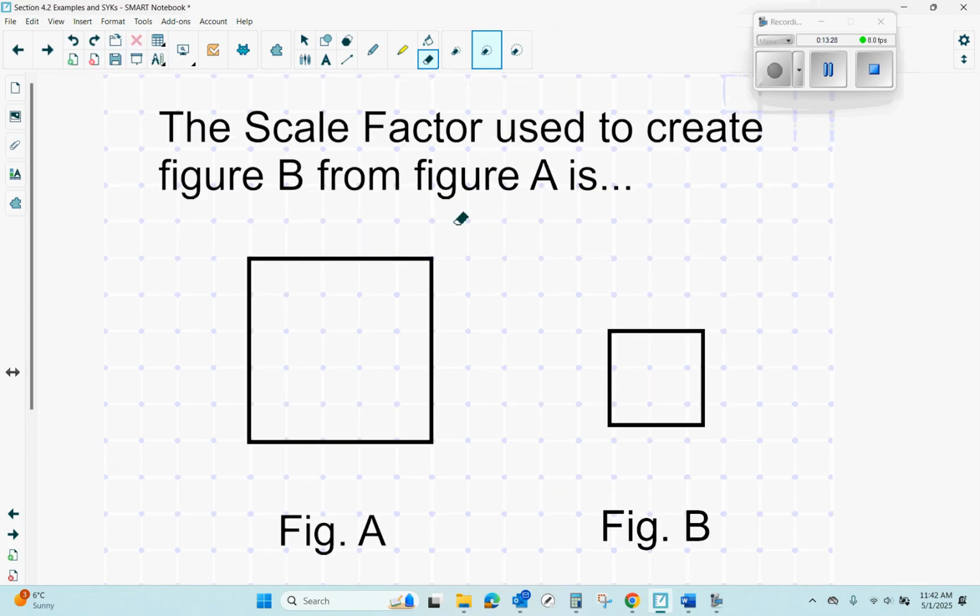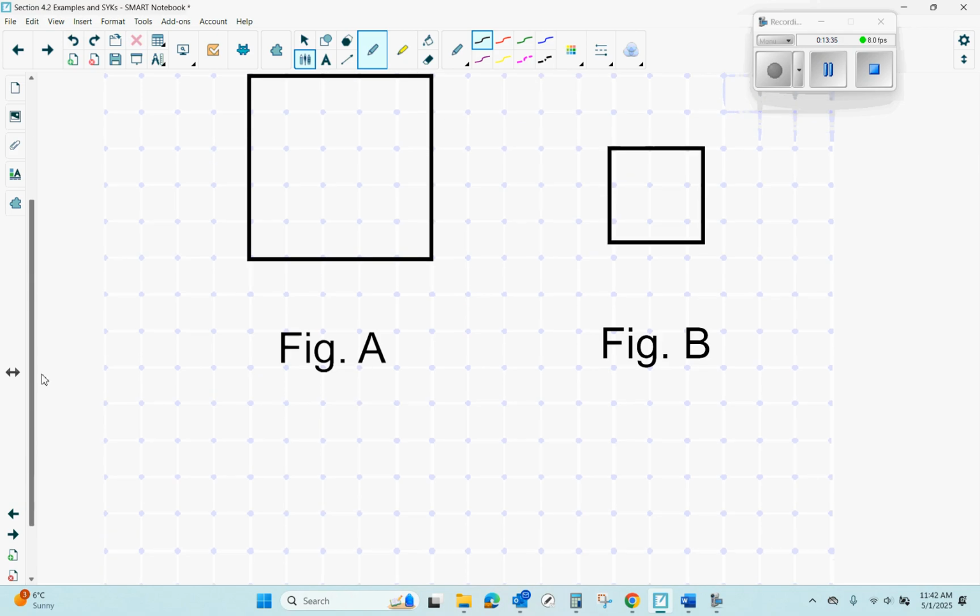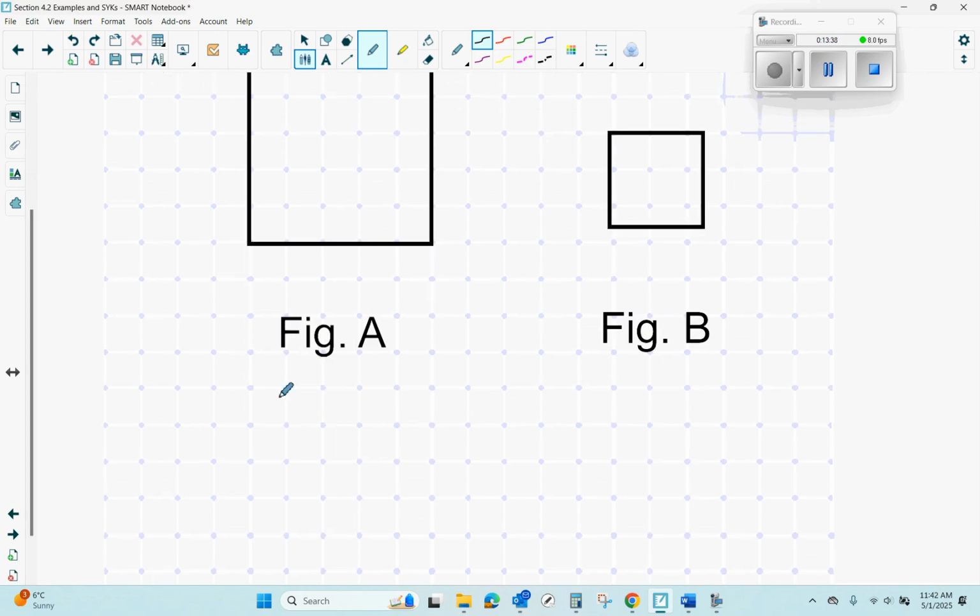Okay, how about this guy? You can pause the video and try it yourself. The scale factor used: image divided by actual. It's always the second divided by the first. Pick a side. Does yours look as wonky as mine? It does. Okay. So maybe we'll pick the bottom.